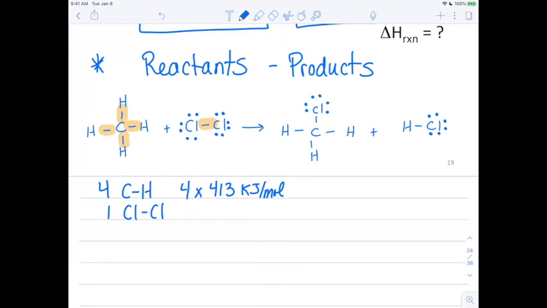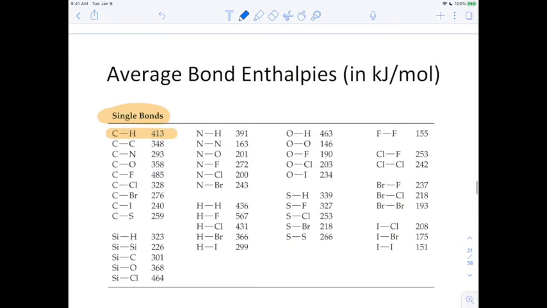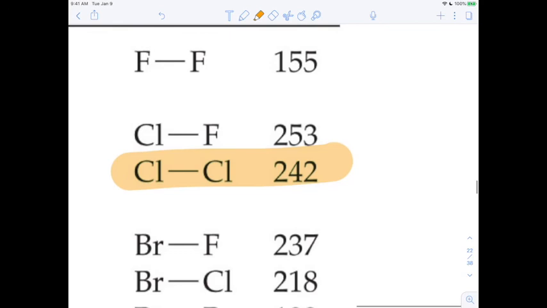All right, so next up we have a Cl-Cl bond. And here it is. So 2 chlorines attached to each other, 242.